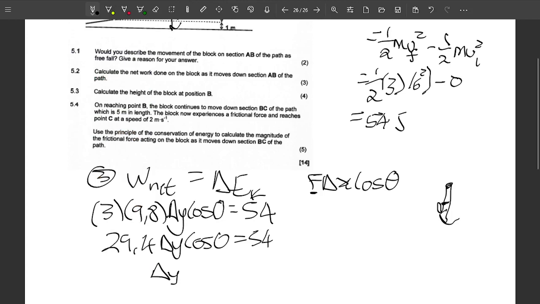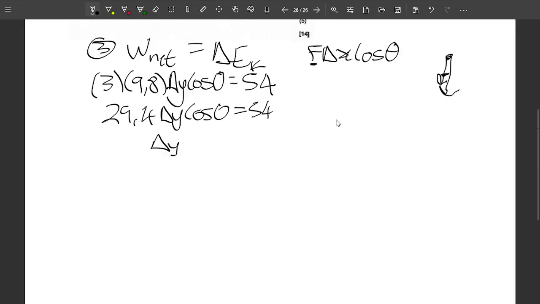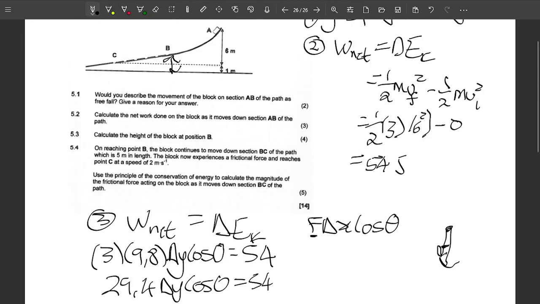So we're sitting with a delta y of 1,84 meters. Let's see if we actually answer that question fully. They said calculate the height of the block at that point.